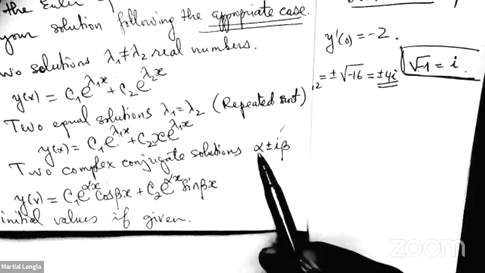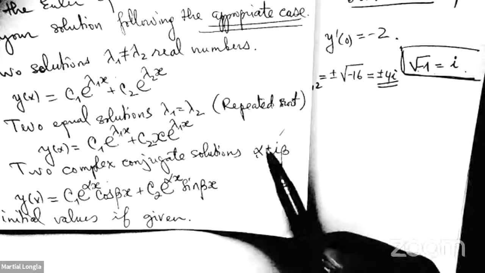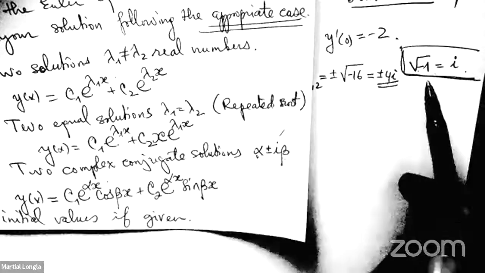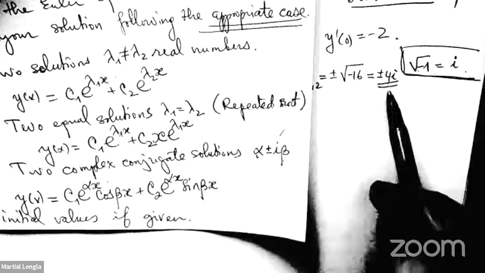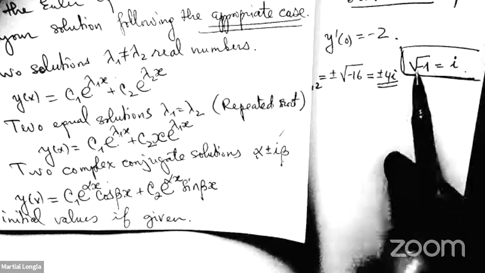So what is alpha for this lambda and what is beta? Alpha would be 0 and beta would be 4.